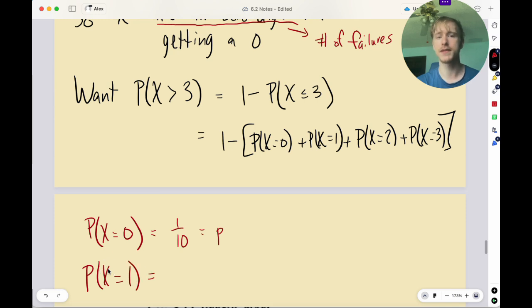Okay. What's the probability that x is equal to 1? Well, that means that you have a 0, the next digit cannot be a 0, so not a 0, and then we have a 0. Okay, so two things have to happen.